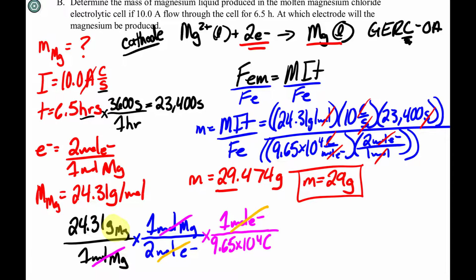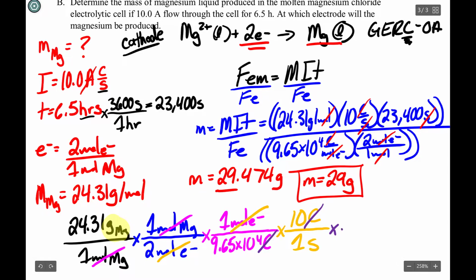I don't want that. I want to get rid of the coulomb, so it goes on the top of the next fraction. So what has coulombs in it? Current. I've got 10 coulombs for every 1 second. So now the coulombs cancel with coulombs. Now I've got grams per second of magnesium produced. I don't want the seconds.